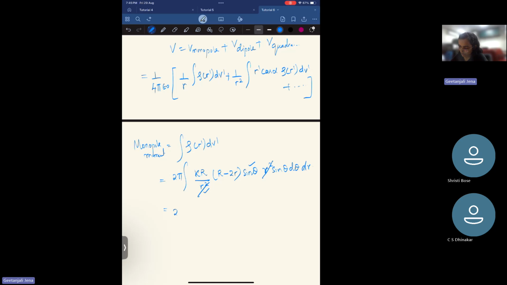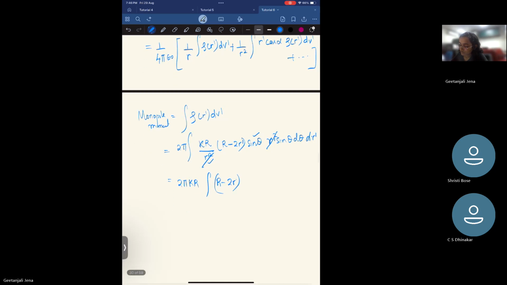So you have 2 pi kR times the integration of (R minus 2r prime) dr prime from 0 to R, and sin square theta d theta from 0 to pi. Sorry, these are all r prime, the location of charges.